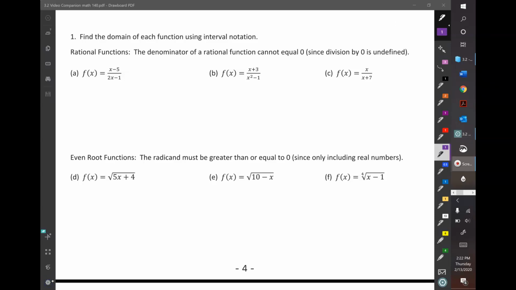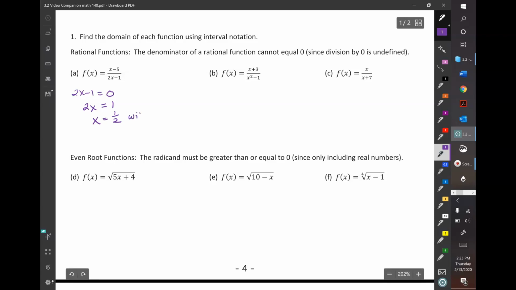Okay, so A, we have f of x equals x minus 5, all divided by 2x minus 1. So we're going to take that 2x minus 1 and find when it equals 0. Like I said, you could write not equals 0 if you want, but we'll get 2x equal to 1, divided by 2, we get x equals a half.